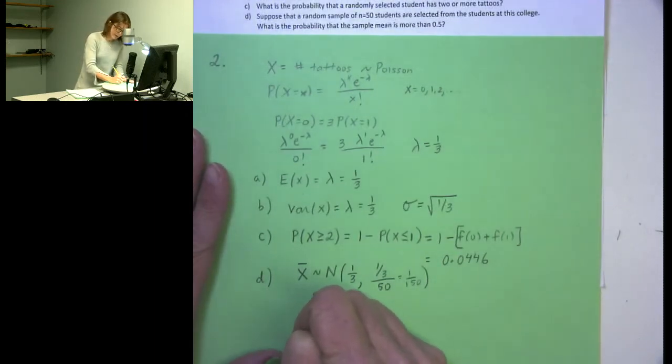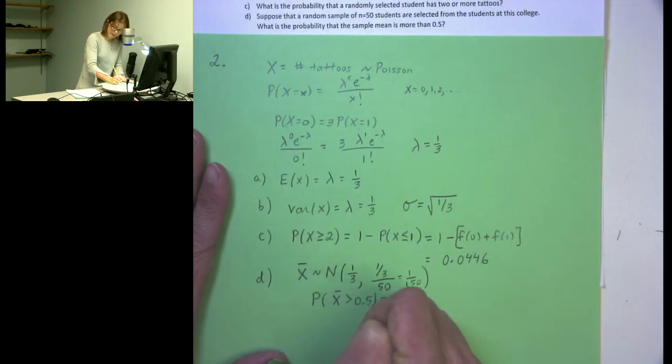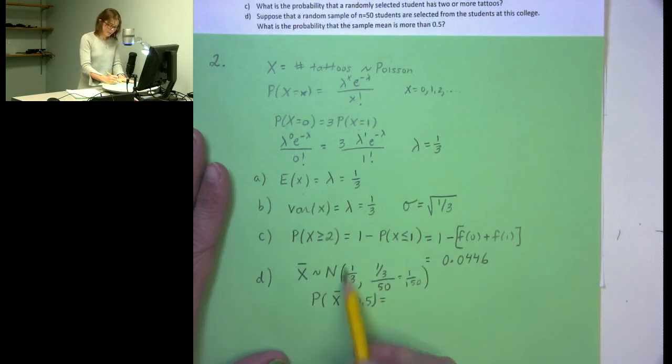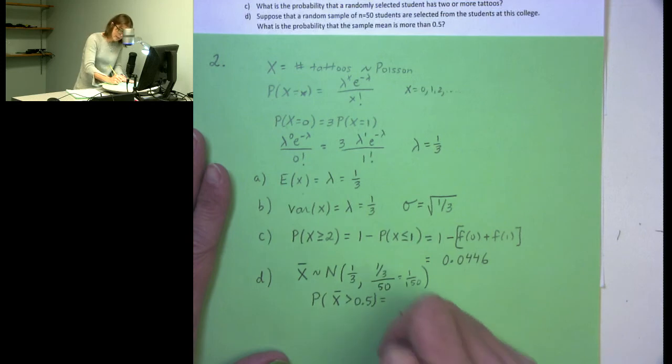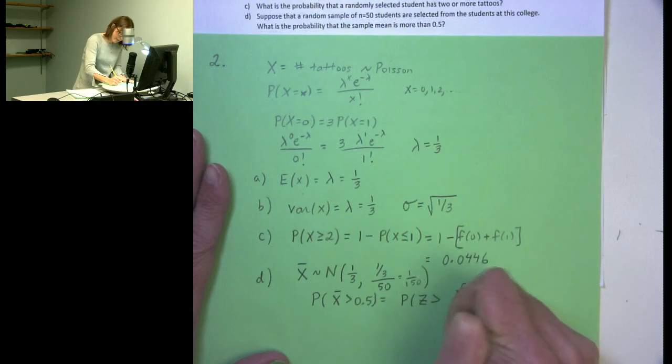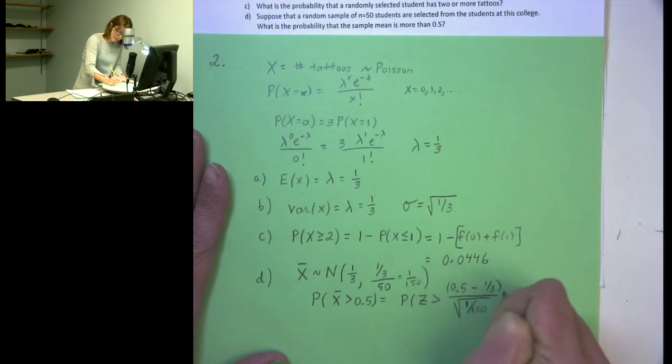So now to find the probability that the sample mean, x bar, is more than 1/2, I can either use my normal CDF with this mean and variance, or I can standardize and find the probability that z is greater than the standardized value, 0.5 minus 1/3 divided by the square root, because I'm looking for the standard deviation here, of 1 over 150.